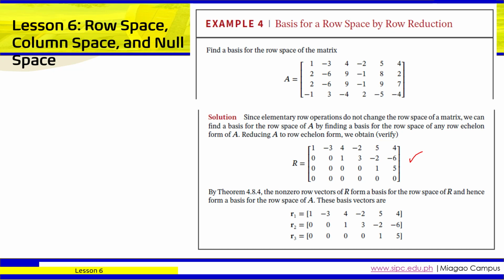As you can see, there are leading ones here: column 1, column 2, and column 5. So you could really identify easily the number of bases based on the leading ones that you could see in a row echelon form.